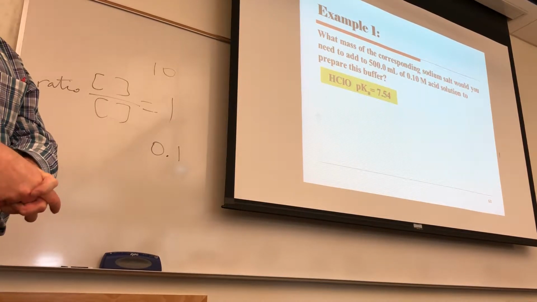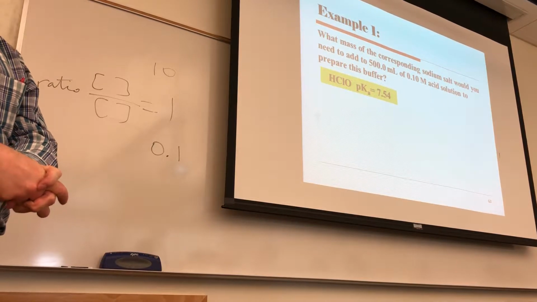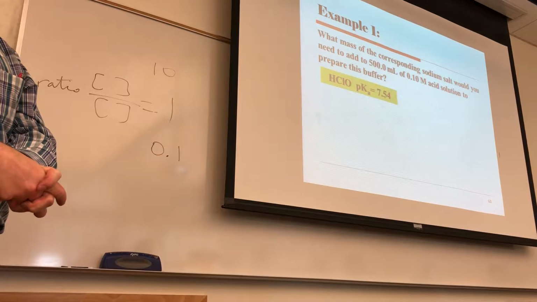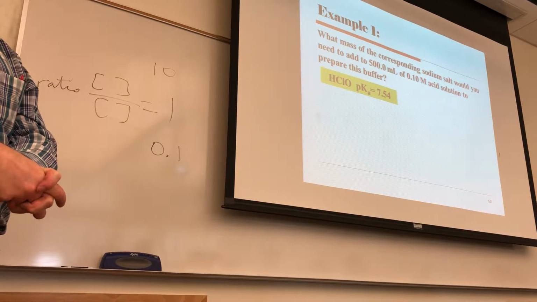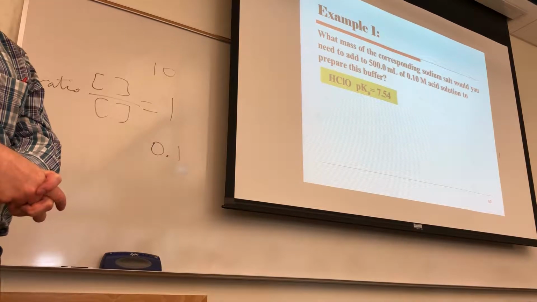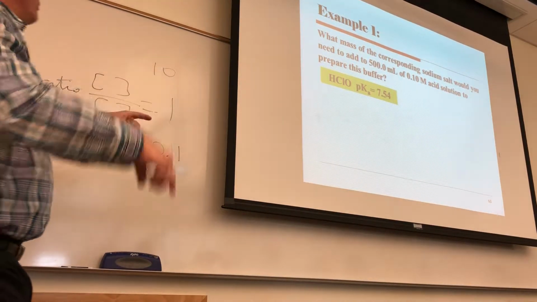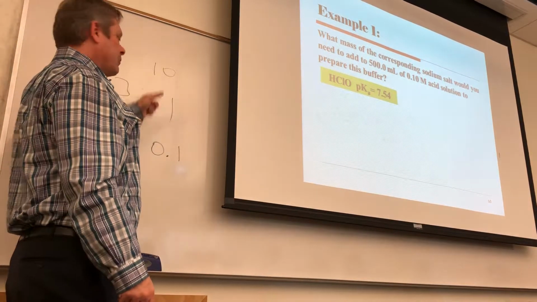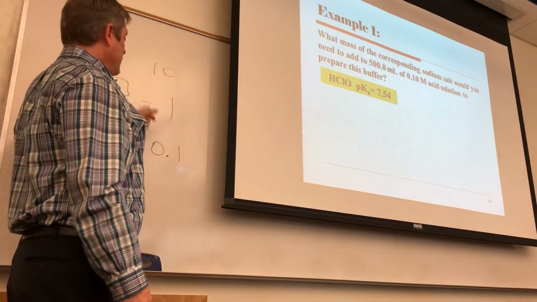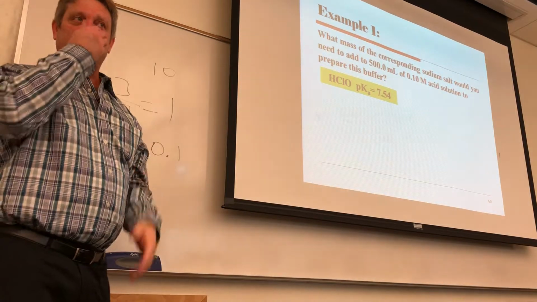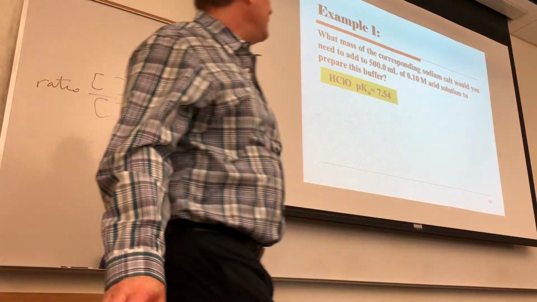If I have a weak base and a conjugate acid system, and I want to make the conjugate acid from the weak base, what do I add? Strong acid. But of course, I add a certain amount so that I end up with a good ratio closer to this, presumably, but somewhere in between this, right? The ratio. So I've got to figure out how much to add. That's what I'm asking here, right?